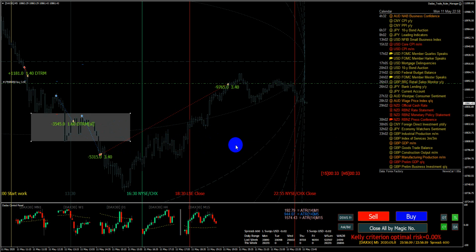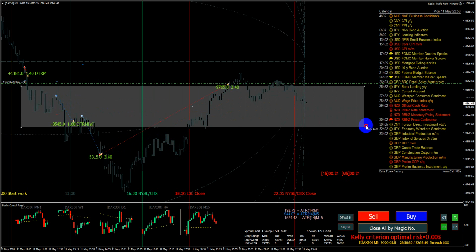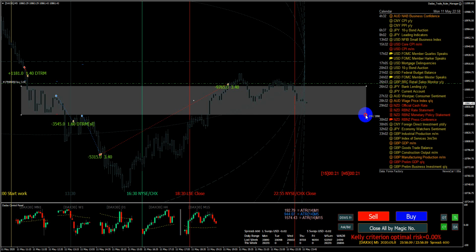And then all of a sudden, at this point, I look to the left. I remember that consolidation, right? I extend it to the right. Now I see that the market has broken out upwards.